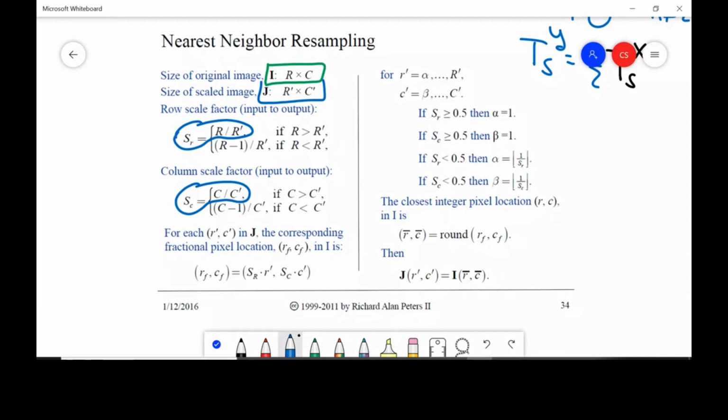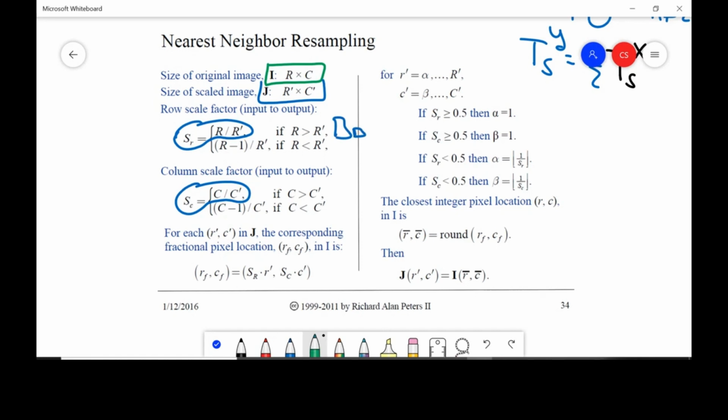There is a pixel, or a sample, that you are missing if you go in one direction or the other. One direction means R is larger than R prime, so you're going from large to small.